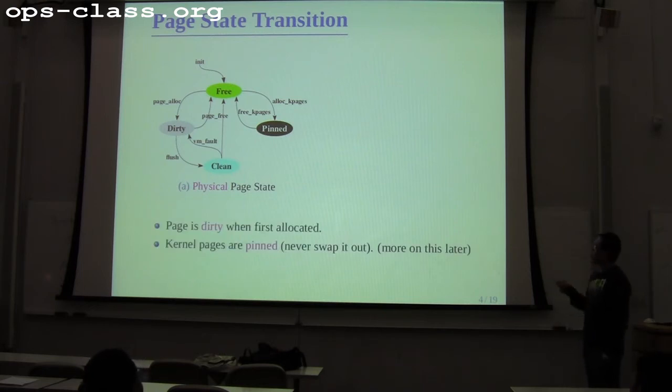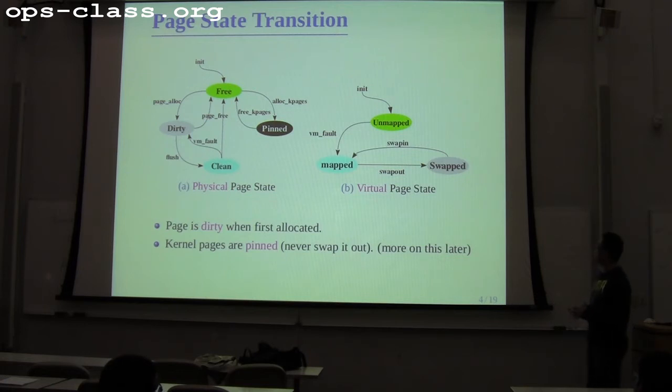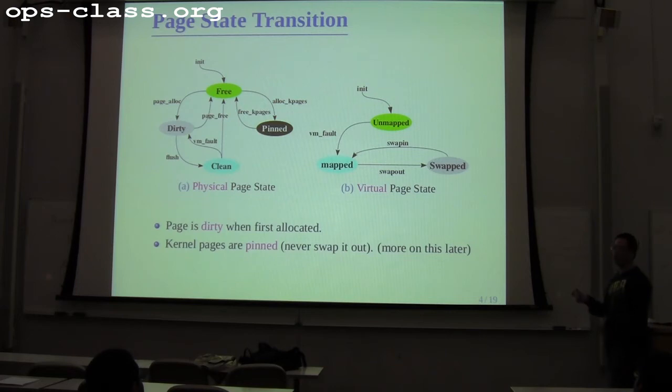So two things to note. First, a page is dirty when first allocated, and second, a kernel page is pinned to memory. You can never swap out kernel pages. And another thing is that you need to differentiate between physical page state and virtual page state. In the user's virtual address space, we have virtual pages. First, all the virtual pages are unmapped, meaning there is no corresponding physical page for this virtual page.